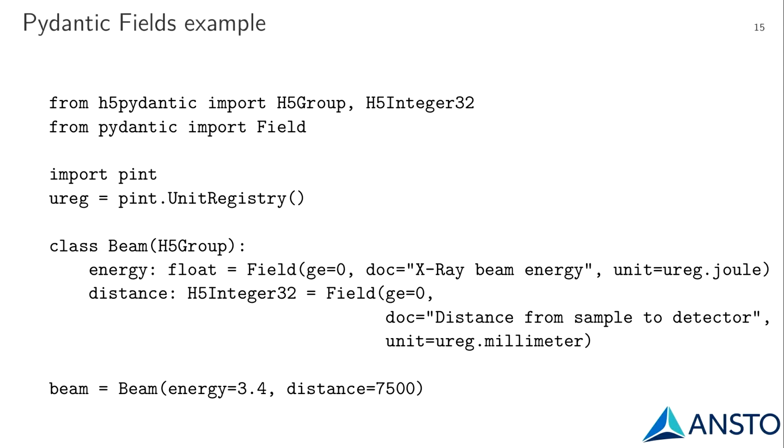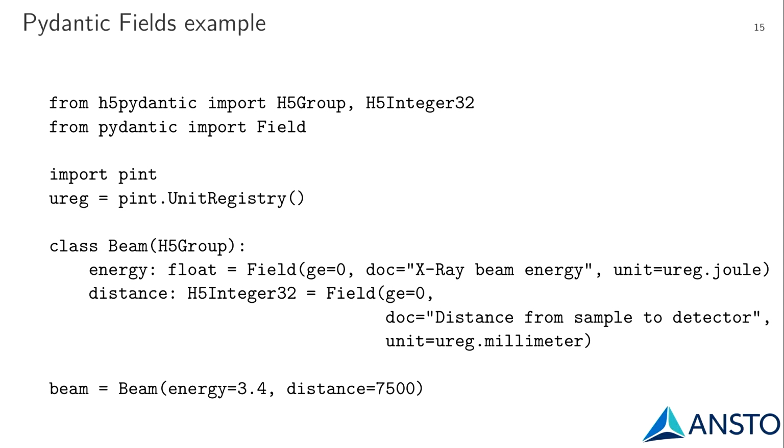So we always have to pass along a positive number for our X-ray field strength. We can document it. We can say that instead of just beam.energy, it's actually the X-ray beam energy. And we can pass along a unit using the pint module, which is one of the libraries that you can use to declare that your numbers have real-world physical units associated with them.